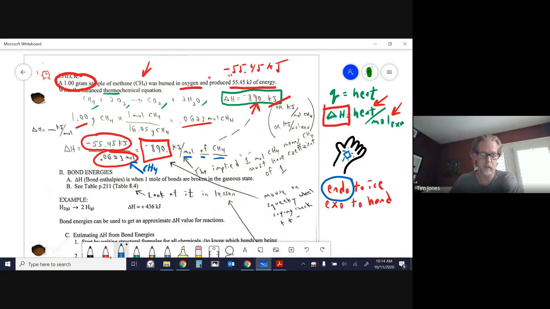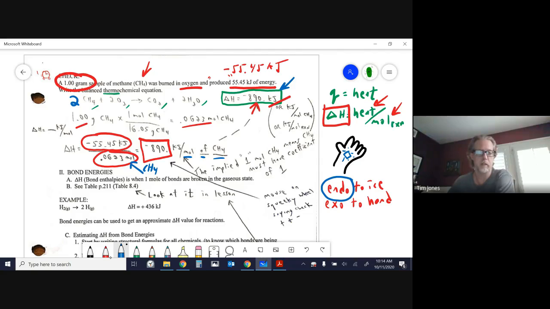And that makes sense because our balanced reaction just so happens to have a 1 right here. Now, if the CH4 didn't have a 1 in front of it, for example, if the CH4 had a 2, what that would mean is that we can't write this value according to this reaction. We would have to adjust it.